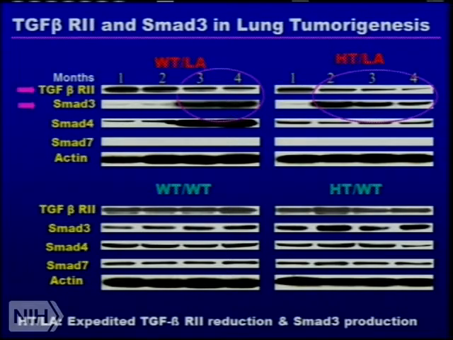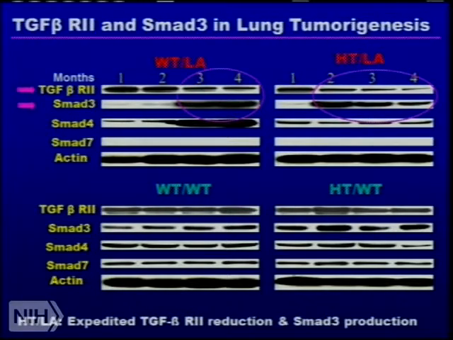We see expedited reduction of the type 2 receptor and increased production of the SMAD3 protein in the het latent activatable mice by about 1 month compared to the wild-type latent activatable mouse littermate, while the other genotypes showed virtually no change in these proteins.